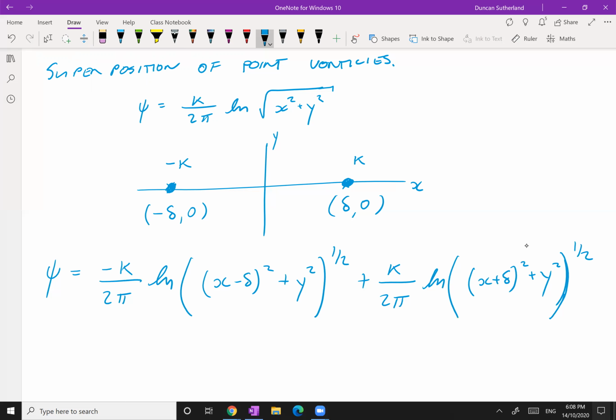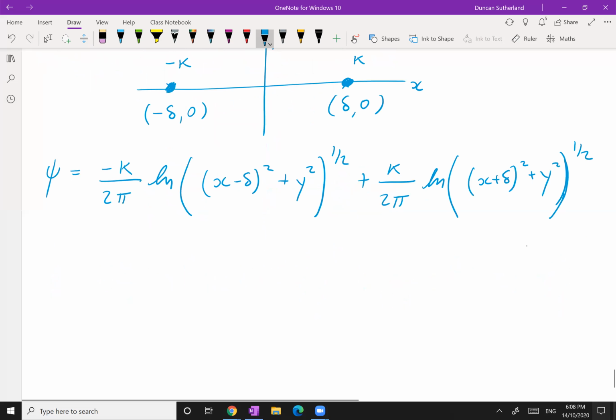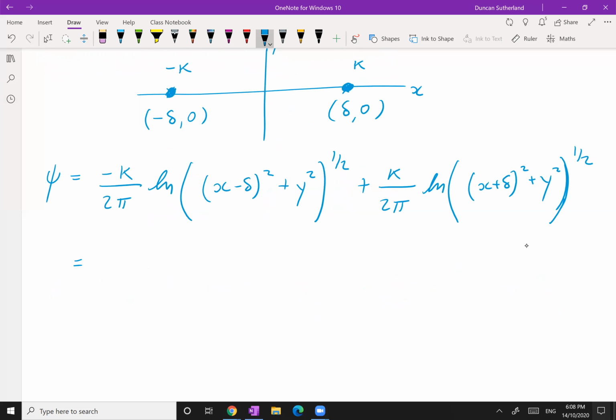We could simplify this. The only simplification that I think is reasonably worthwhile is taking out the half here using our log law, right? So that can come down there.